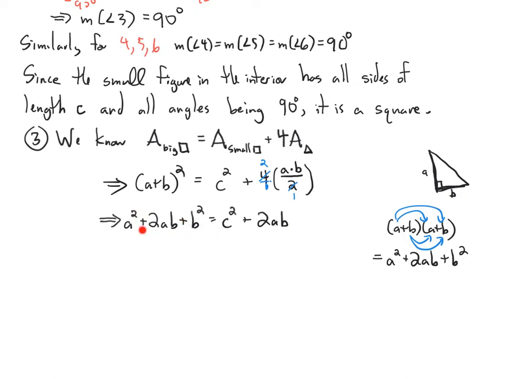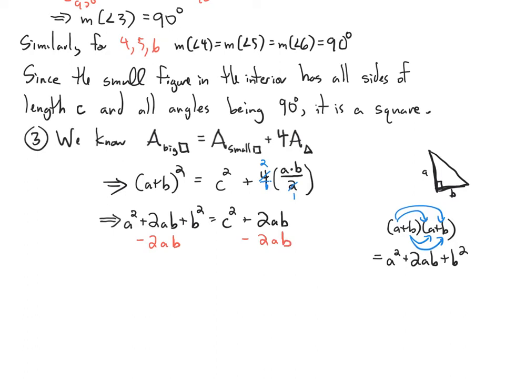But look here. Both sides of our equation have this term of 2ab. Remember, I can do whatever I want to an equation as long as I do it to everything on both sides. So I'm going to subtract 2ab from both sides, and equality will still hold.